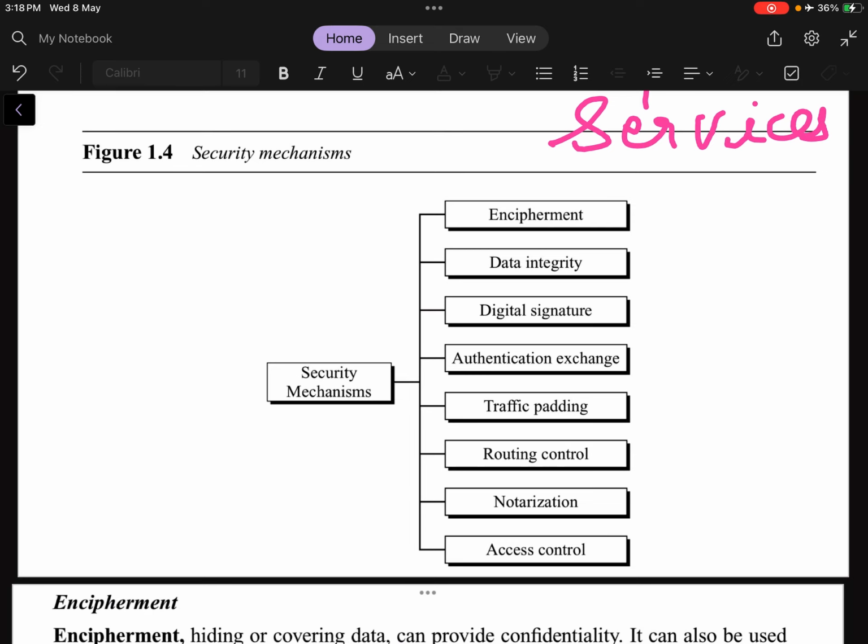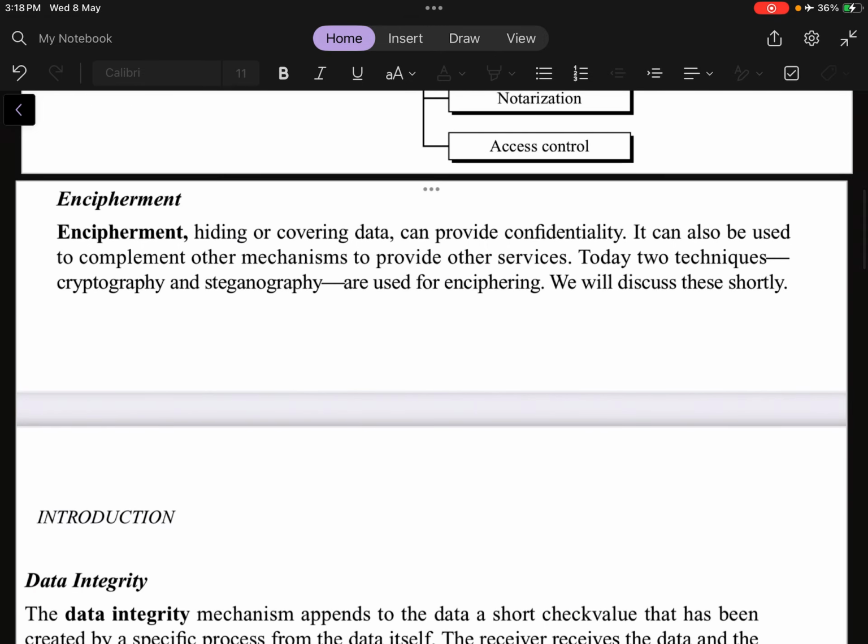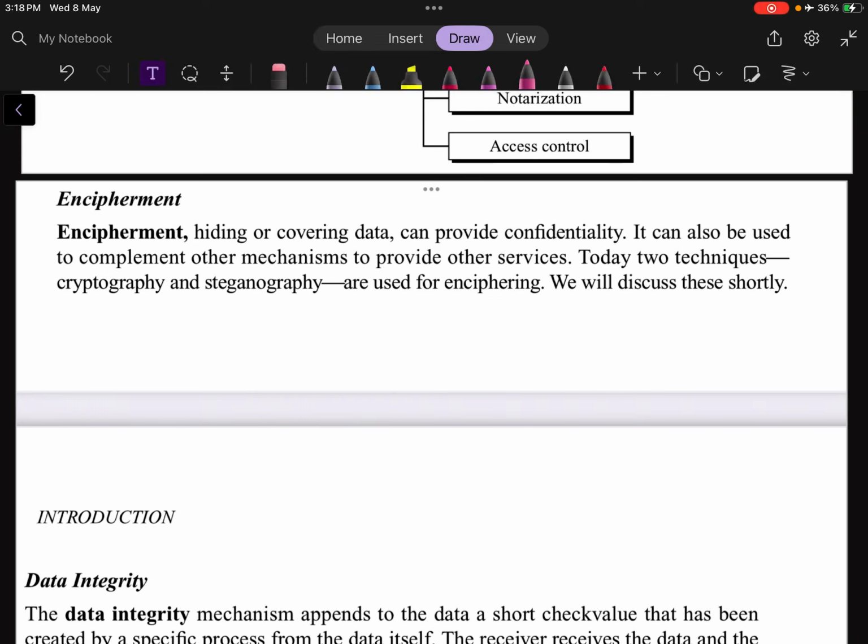Encipherment, data integrity, digital signature, authentication exchange, traffic padding, routing control, notarization, and access control. So first is encipherment. Encipherment is nothing but hiding or covering data. For example, this also we have already discussed.